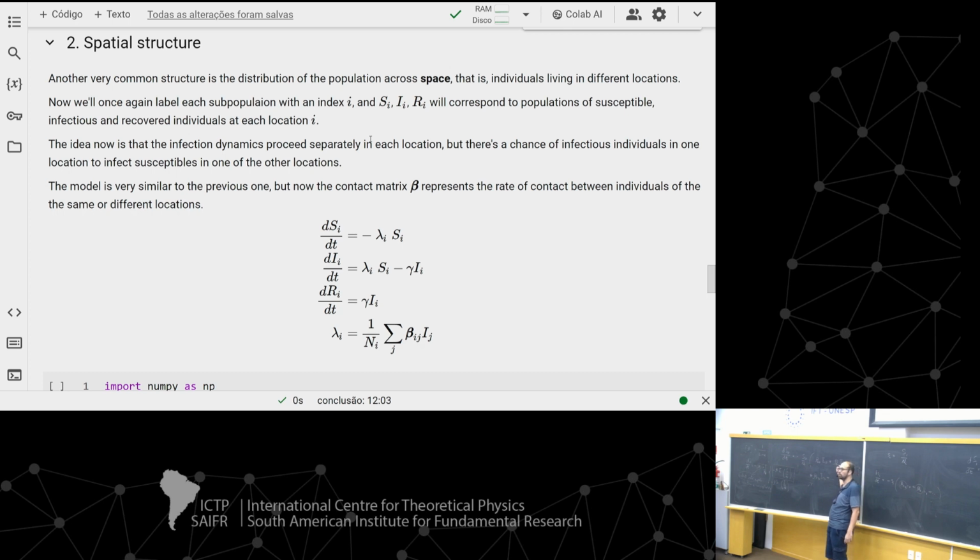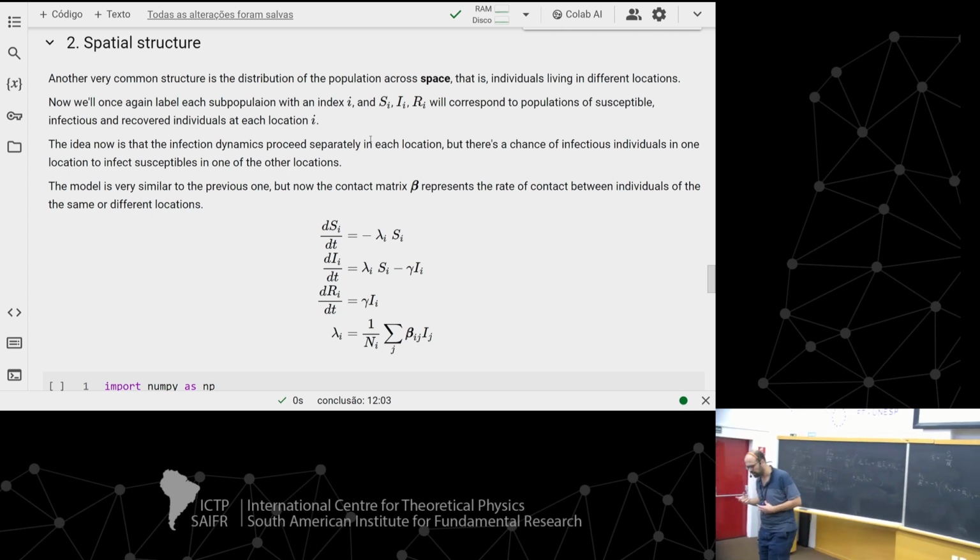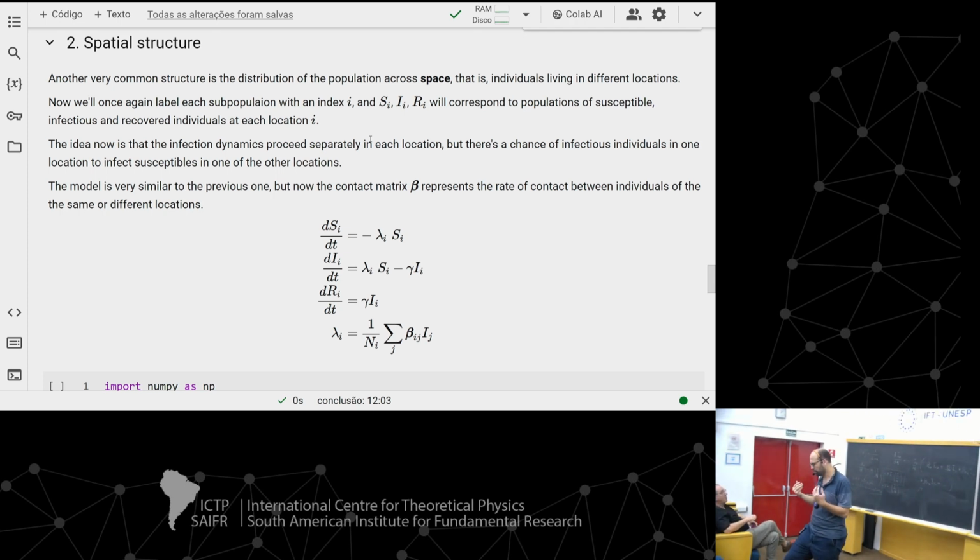Of course, here the structure is pretty clear, because it's kind of obvious if you are looking at cities that are actually different cities, not close neighbors, not cities that are actually one. It is much more common for people from one city to interact with people in the same city, and contact with people from other cities is a lot less frequent.